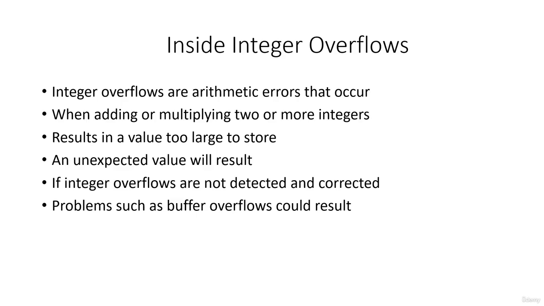In such a case, an unexpected integer value results. If this incorrect value is not detected and corrected, it can cause a problem in the running program, including buffer overflows.